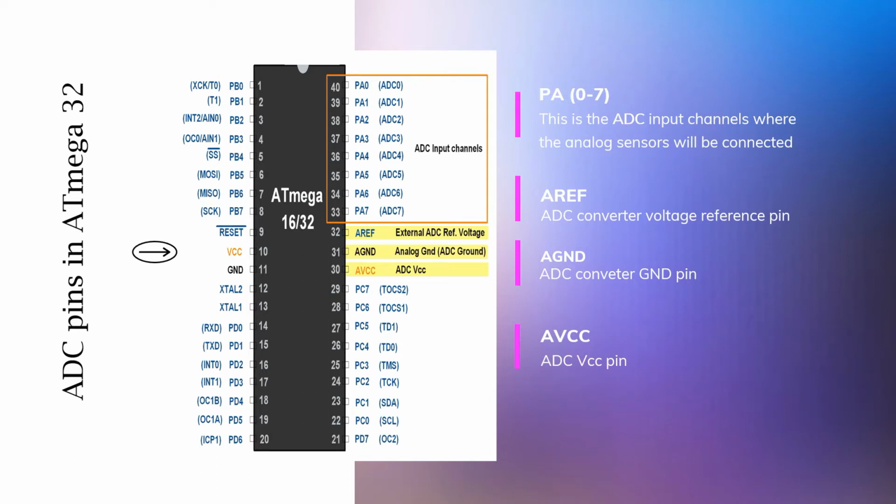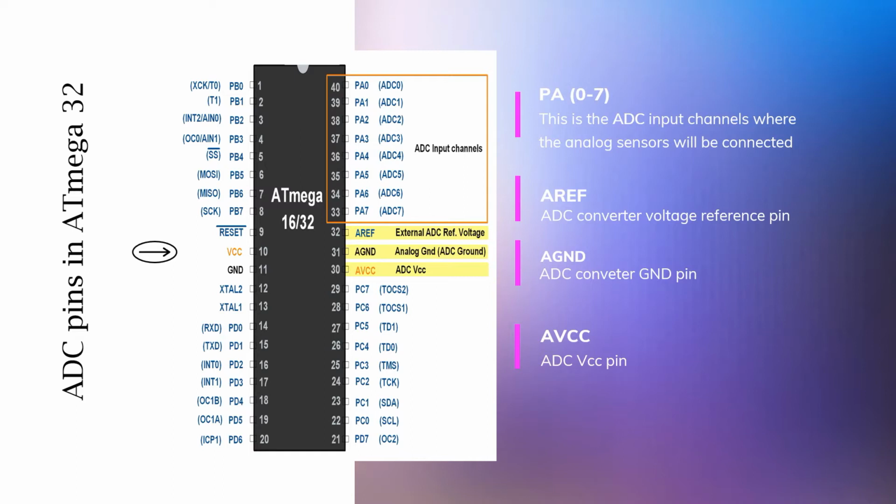First of all, let's look at the ADC pins in Atmega32. Port A is dedicated to ADC input channels. It means pin number 33 to pin number 40, those 8 pins, are the ADC channels of an Atmega16 or 32 chip.